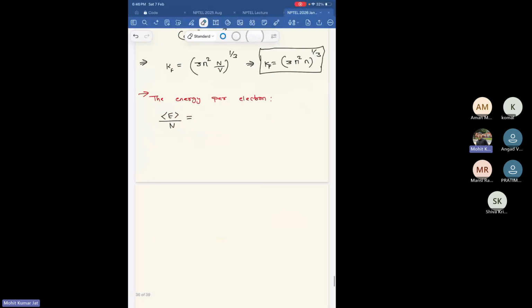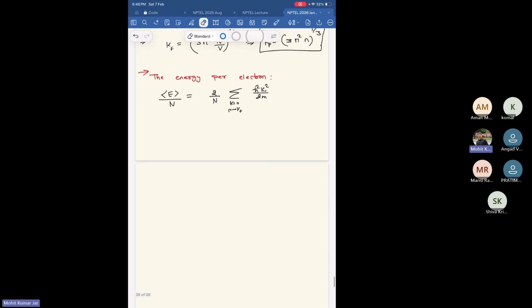So you take 2/n and then the summation over ħ²k²/2m, and your k goes from 0 to k = kF. Yeah, that's the range of your k.